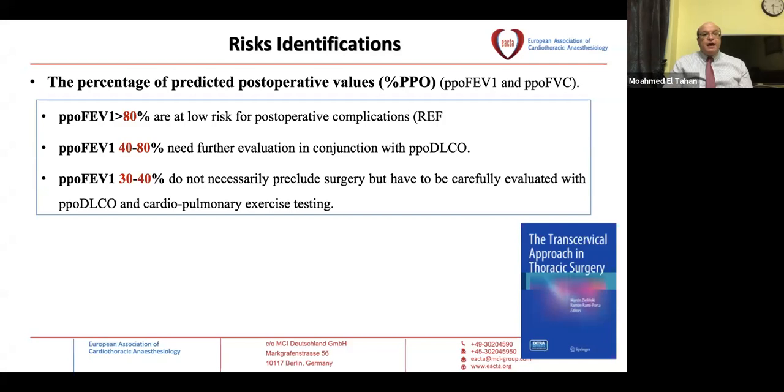At 40 to 80%, patients need further evaluation in conjunction with the predicted post-operative value for DLCO. At 30 to 40%, this value does not necessarily preclude surgery, but should also be evaluated in the light of the predicted post-operative value for DLCO and cardiopulmonary exercise testing.